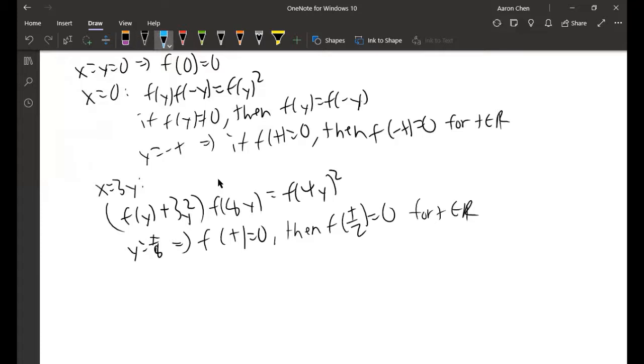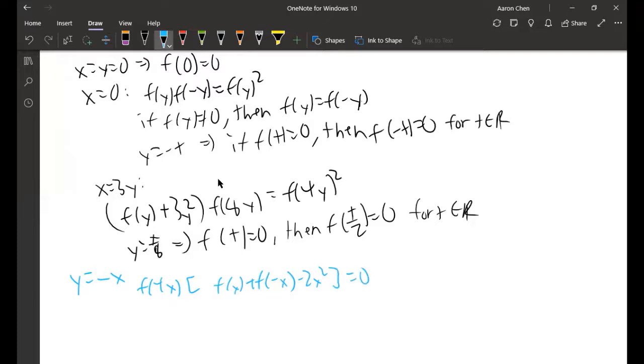So now next we can set y equal to negative x. And so in this case we have that f of 4x times f of x plus f of negative x minus 2x squared is equal to 0.